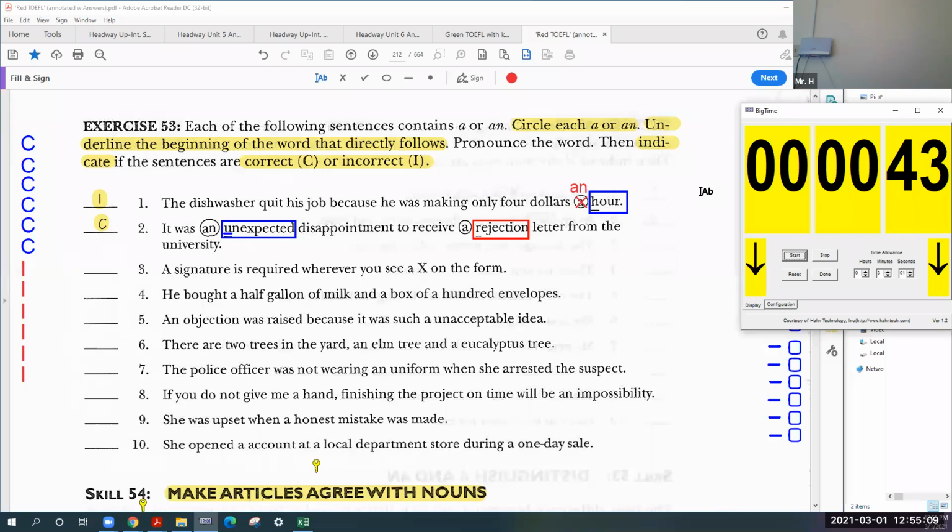Forty-five seconds. Thirty seconds. Fifteen seconds. Time is up.